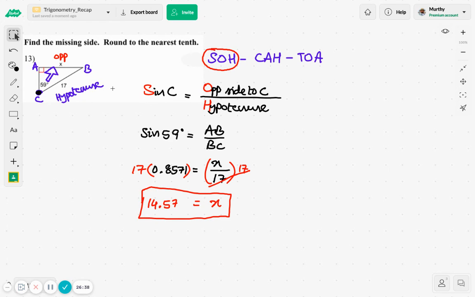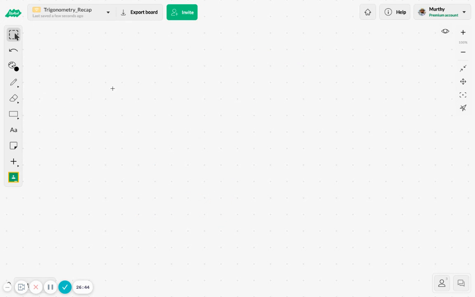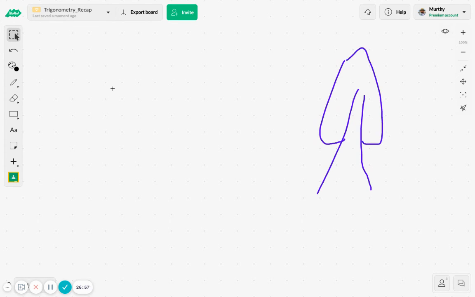So these kinds of questions are straightforward. But what kind of questions will you actually be asked? For example, let's say there is a tall tree casting a shadow on the ground. I'm not really a good artist, but okay. This is the sun and sun rays.